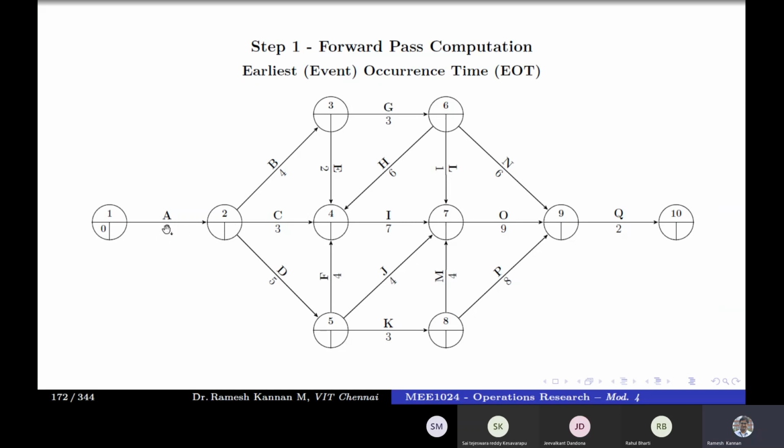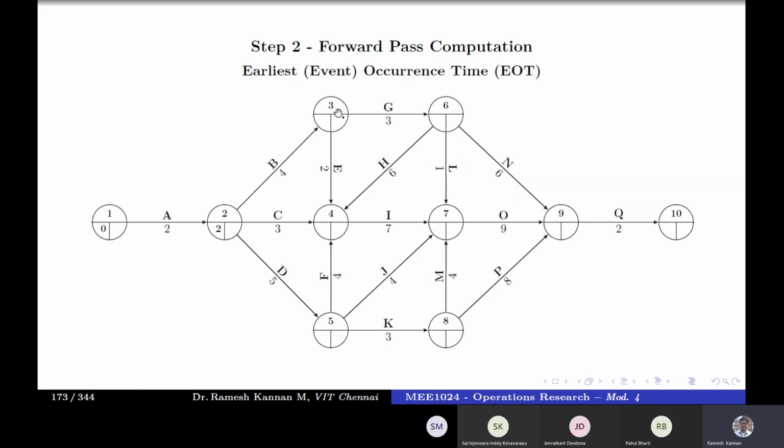This activity A has got 2 duration, which means that event 1 starts on the day instantaneously, and event 2 will wait for this activity to finish. The activity has got 2 days, so 0 plus 2 will give us 2. That is why the EI value or the EJ value of event 2 is calculated.